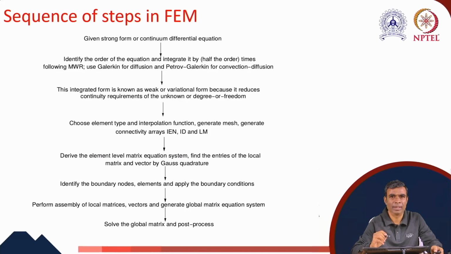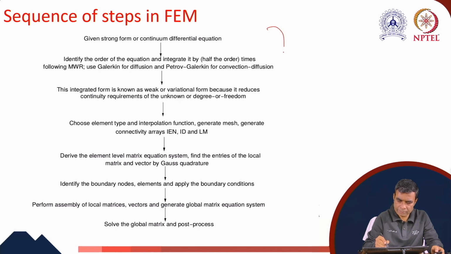It means that how the degree of freedom varies within the domain is assumed, and that is governed by the approximate functions or the shape functions in case of the finite element. Then we discretize the domain. We generate these connectivity arrays, ID array, and the LM array. So these steps are coming under the pre-processing step. So here we are showing the pre-processing step.